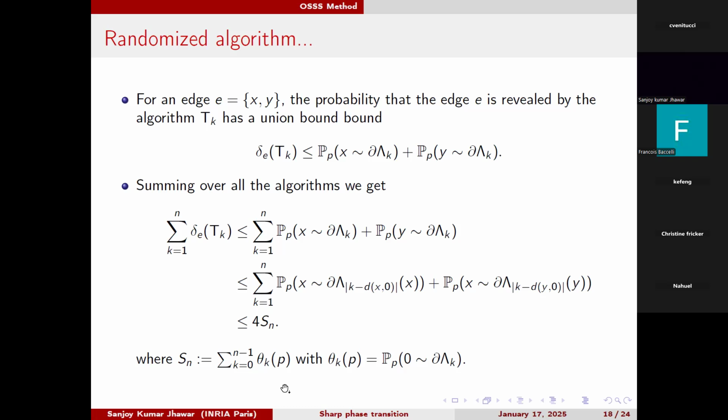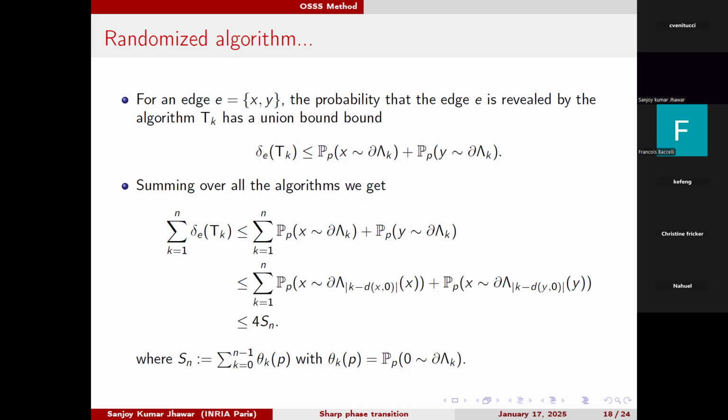But for different K, one can probably see that the stopping times are different. But if there exists a path from the origin to the boundary, then tau is the same for all the algorithms, right? Yes, you mean to the outer boundary, the lambda n boundary. If you find a path from 0 to lambda n, then you're done.